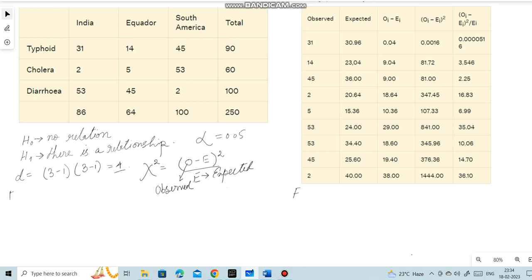For example, I want to find the expected value of typhoid for India. It would be basically the total number of typhoid cases, that is 90, times the total number of cases in India, that is 86, divided by the total sample size, that is 250.